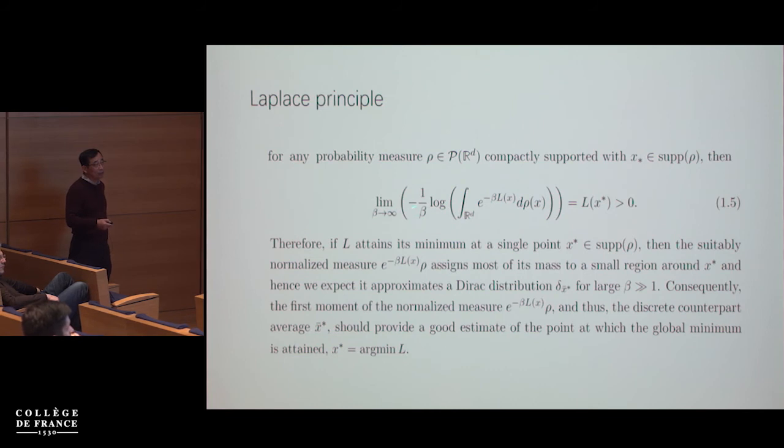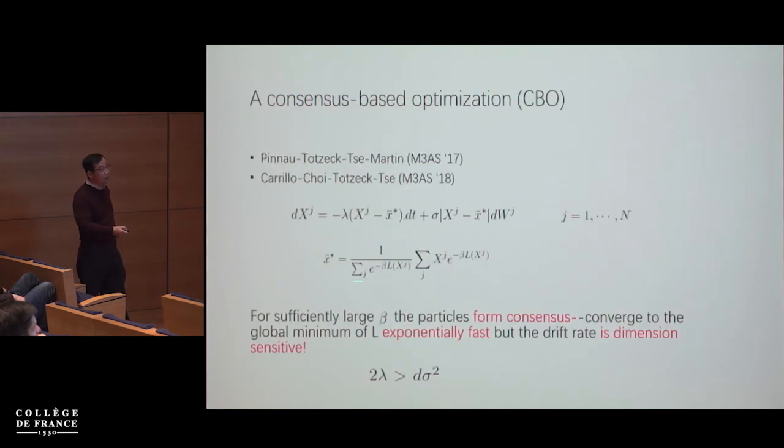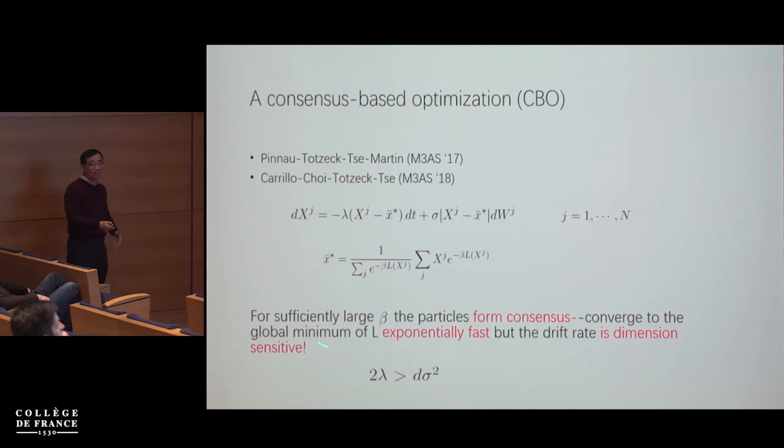When beta goes to infinity, the limit is exactly the global minimum of L. So that's the Laplace principle. With this Laplace principle, I can easily show that as n goes to infinity, this average essentially will concentrate on x star, which is the global minimum. All right, so that's how this society is organized.